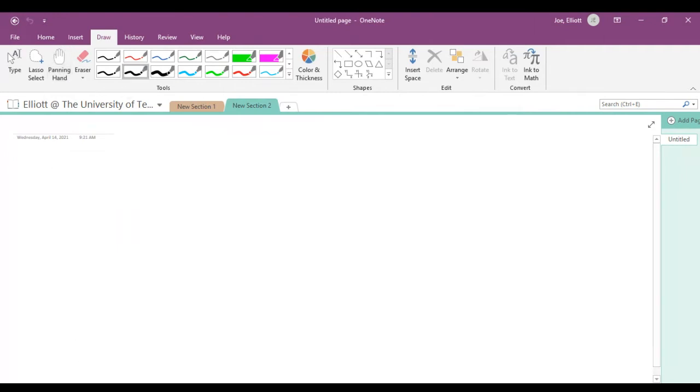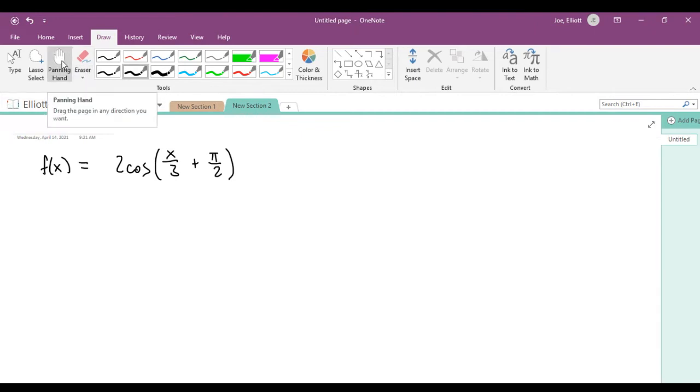For problem number 2, we have the function f of x equals 2 cosine of x over 3 plus pi over 2. So we want to graph this function and also find the amplitude and the period.